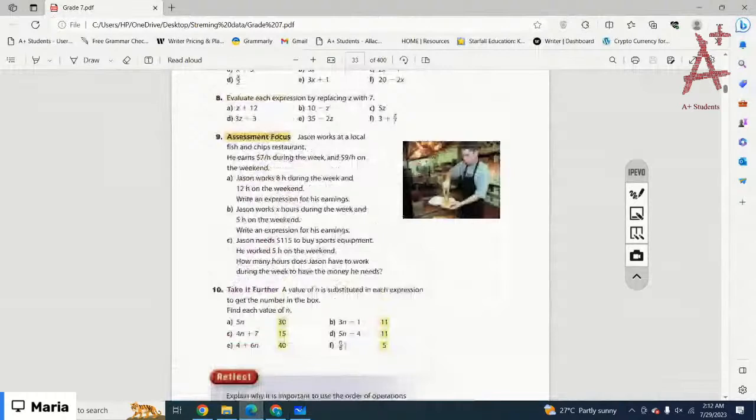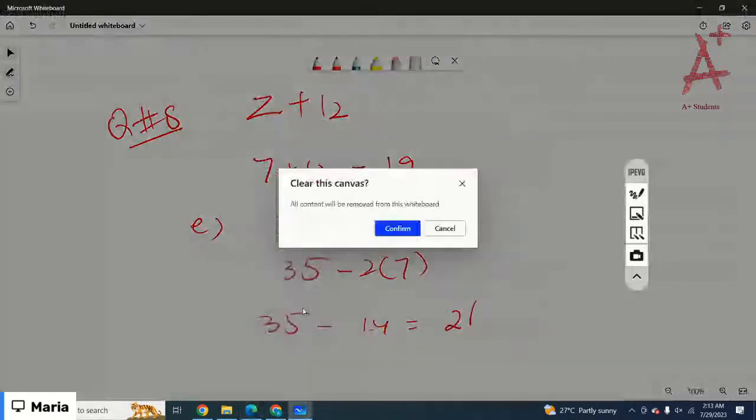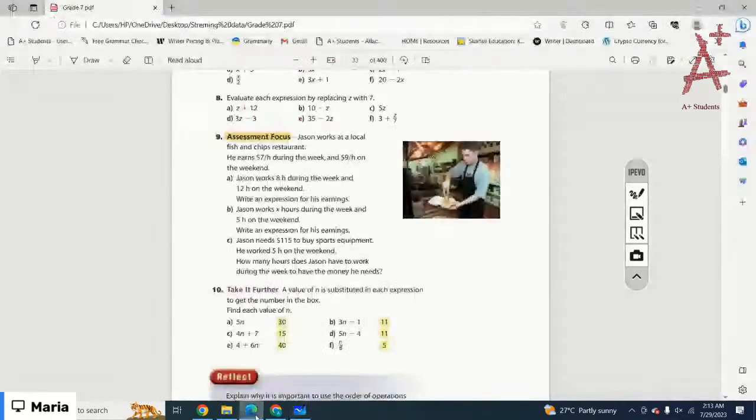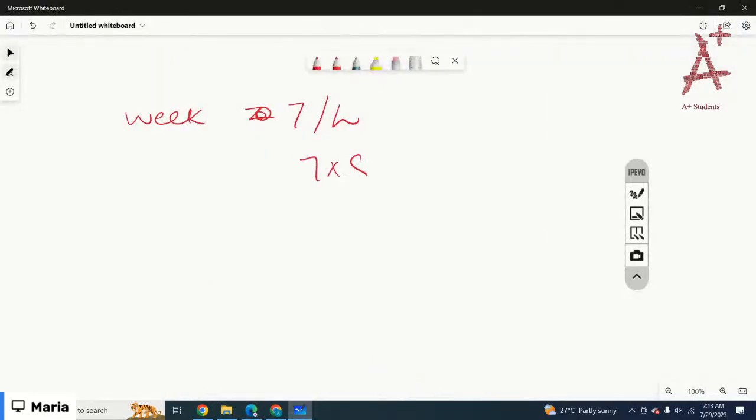Okay, weekdays it is $7 per hour. $7, right? So the question is, he worked 8 hours during the week, so you have to do 7 times 8. 7 times 8 is $56.